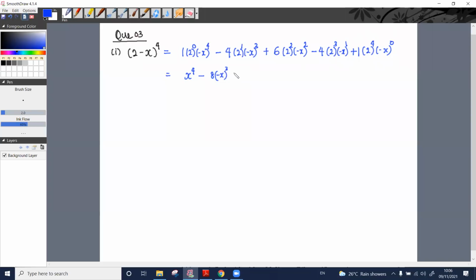Then plus, here 2 squared means 4, 4 into 6, 24, 24 x squared.